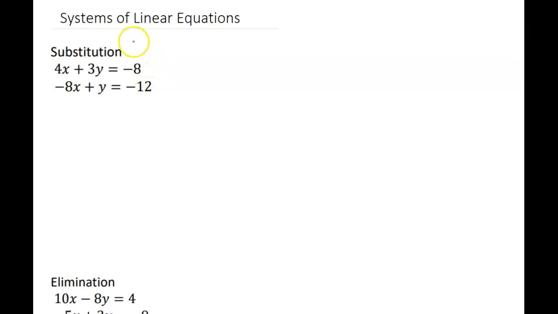Okay, so here we are going to use substitution. When we use substitution, we want to write one of these equations as either x equals or y equals. I see this right here, and this makes me excited because I know that if I just add 8x to both sides, I can rewrite this equation as y equals 8x minus 12.